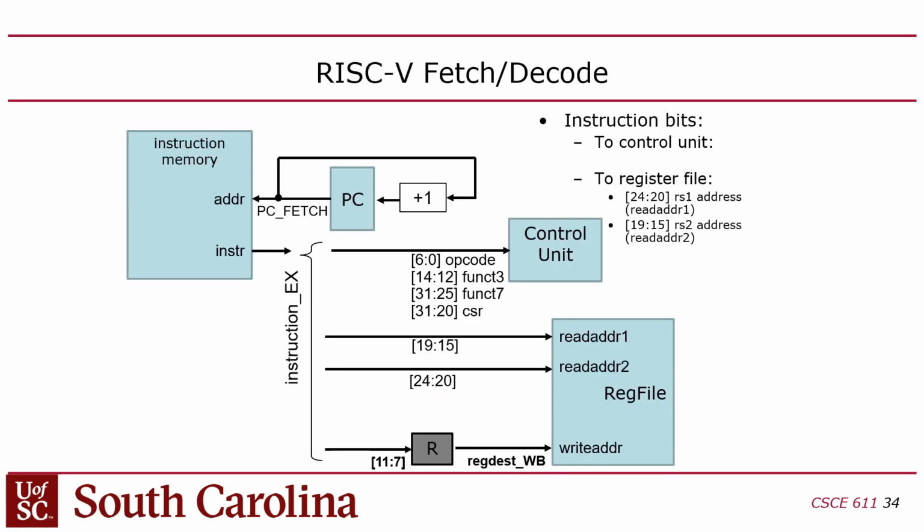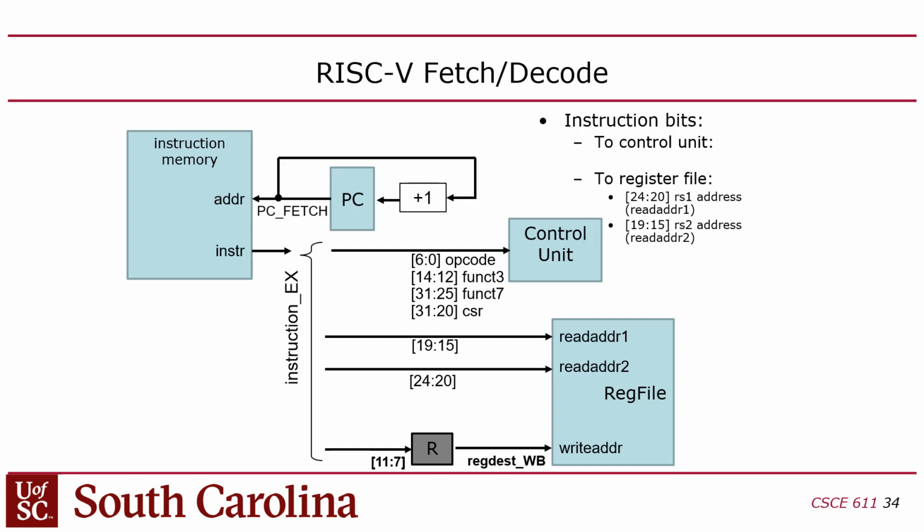So what I'm doing is I'm now showing this in a structural, block diagram schematic capture view, but you remember that this all corresponds to text in Verilog. So you've got the instruction memory, and its address is hardwired to PC fetch.